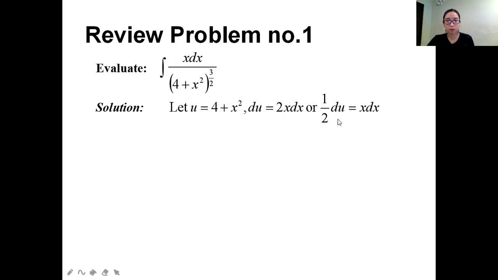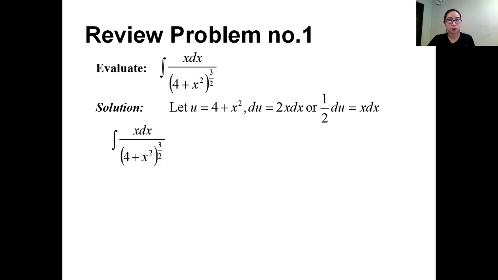Or shall we say, if we reciprocate the 2, since what we see in this problem is x dx, we will use 1/2 du is equal to x dx to substitute, so we can easily apply the power rule. A reminder: in other books or exams, they may call this 1/2 that we put a neutralizing factor, or NF.